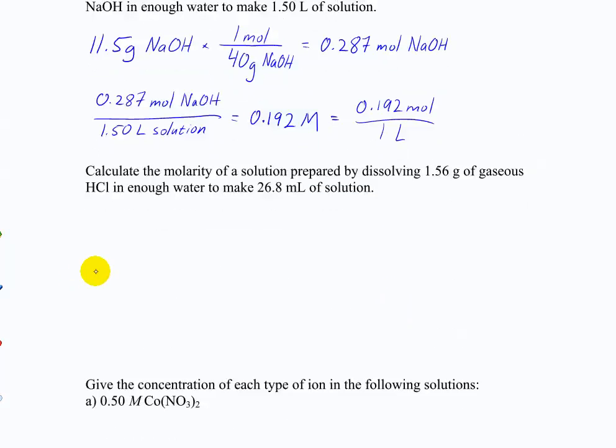So we're going to do the same thing. 1.56 grams of HCl divided by 36.5 grams per mole is what? 0.4 what?